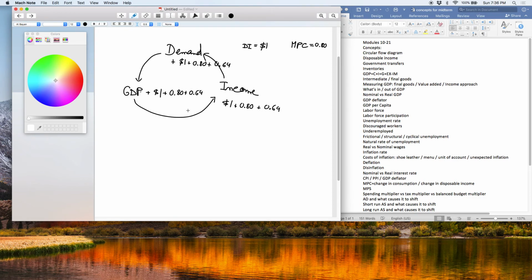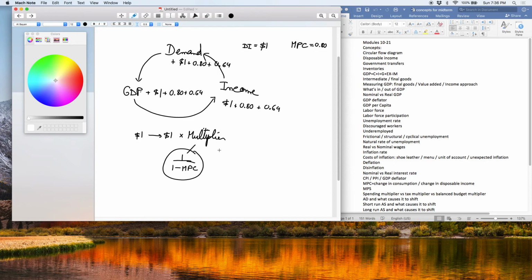Okay, so if you add up all the changes, it tells you that for a $1 increase in demand, the total increase in demand in the economy is $1 times the multiplier. What is the multiplier? Well, for an economy with a certain MPC, 1 over 1 minus the MPC is the total multiplier effect.